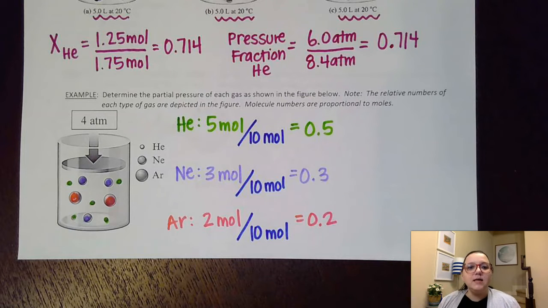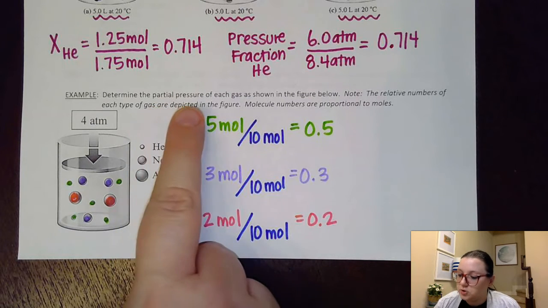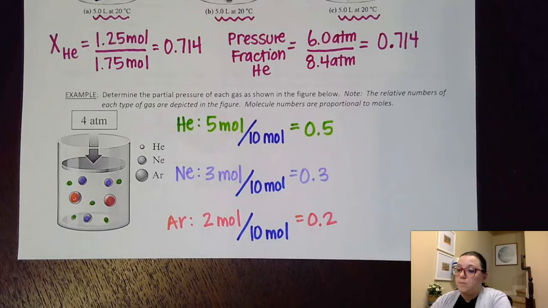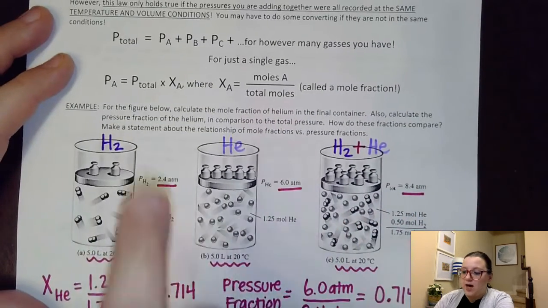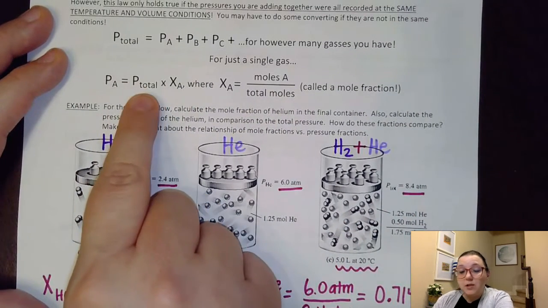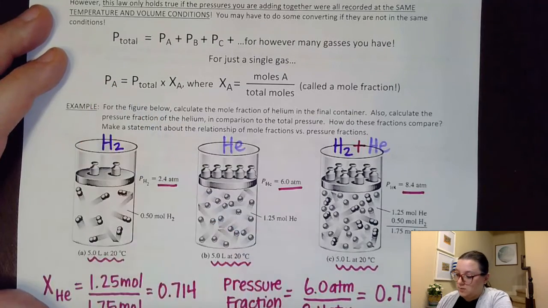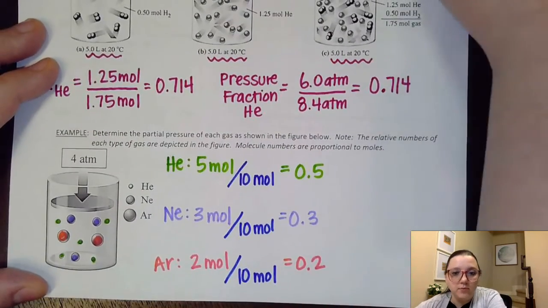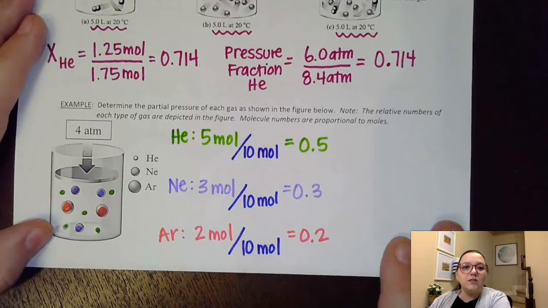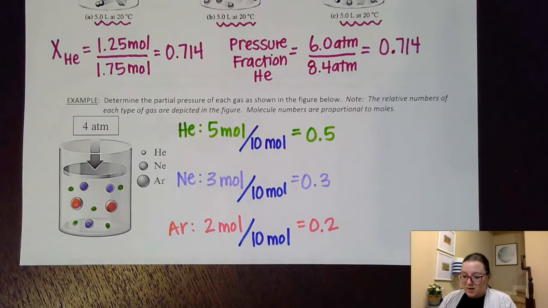So now it says, hey, I want to determine the partial pressure of each gas. Well, remember, I can take that mole fraction and apply it to the total pressure to get the individual pressure that I'm looking for. In this problem, it told us that the total pressure is 4 atmospheres.